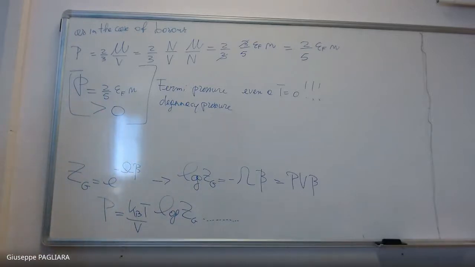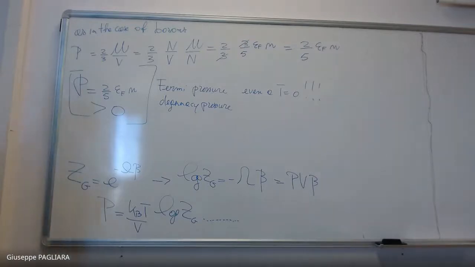Do you know some examples in which the Fermi pressure is important in real systems? Are you aware of any system in astrophysics, which is full of objects in which the Fermi pressure could be the dominant contribution?